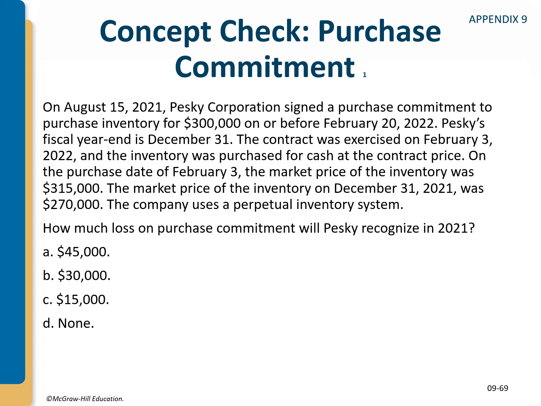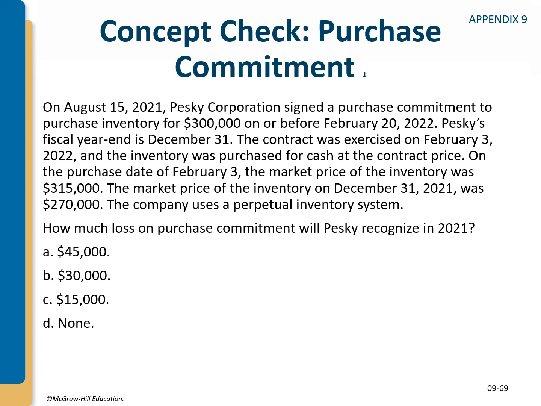So on August 15th, Pesky Corporation signed a purchase commitment to purchase inventory for $300,000 on February 20th of the next year. Their fiscal year end is December 31st. They exercised the contract on February 3rd of the next year, and the inventory was purchased for cash at the contract price. On the purchase date, the market price of the inventory was $315,000.